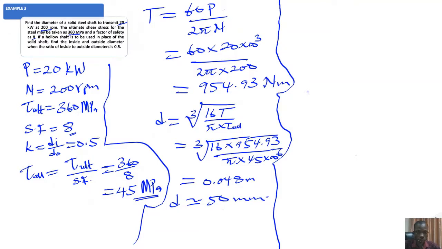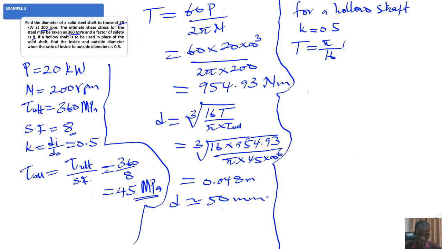So for a hollow shaft, we have been given K. K has been given to us as 0.5, and we know that the torque for a hollow shaft is equal to pi divided by 16 times tau, the shear stress, times D naught, which is the outer diameter, cubed, and then another bracket 1 minus K exponent 4.